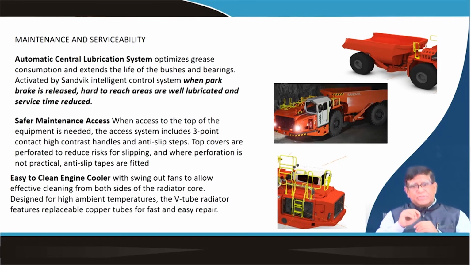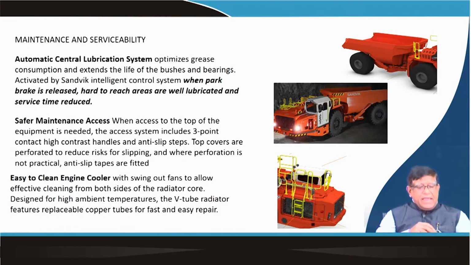For that purpose, these maintainability aspects need to be seen, and these machines claim to have safer maintenance access. And there is also the engine cooler, which is a very important thing, because if the engine gets heated up, there will be problems, and for that they have added additional features, so that it gives a very easy engine cooling system.